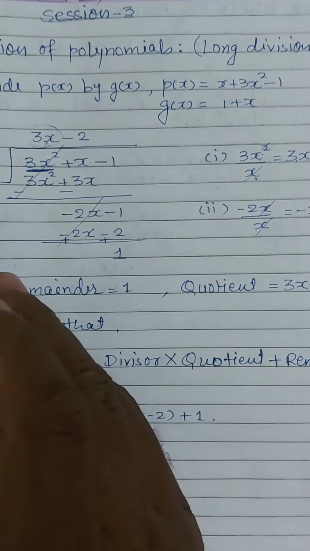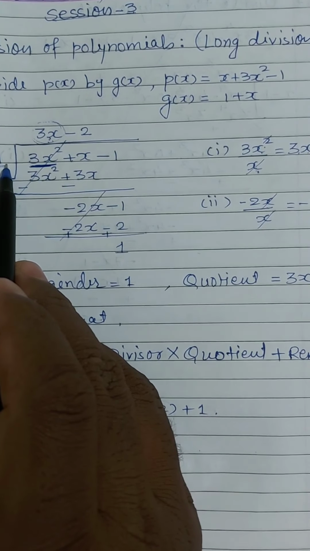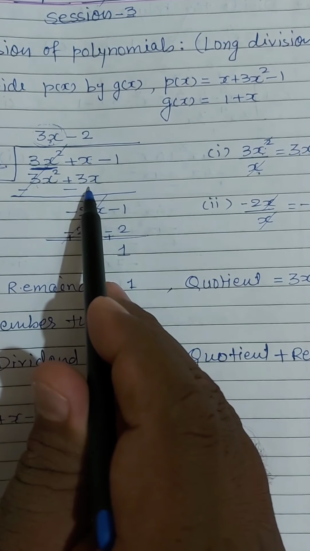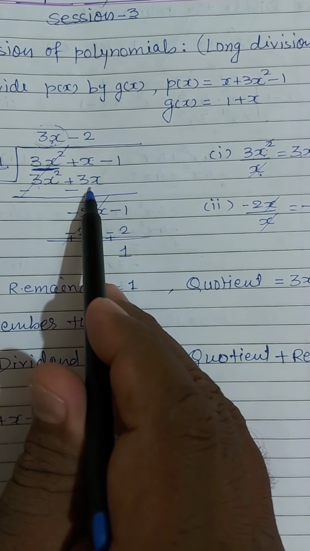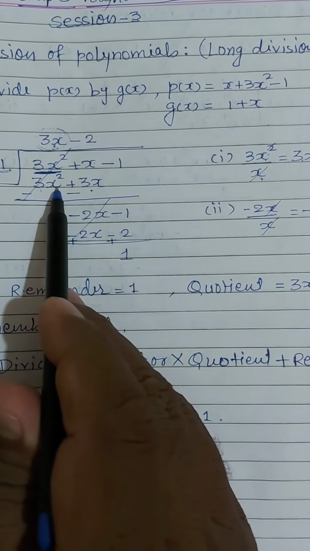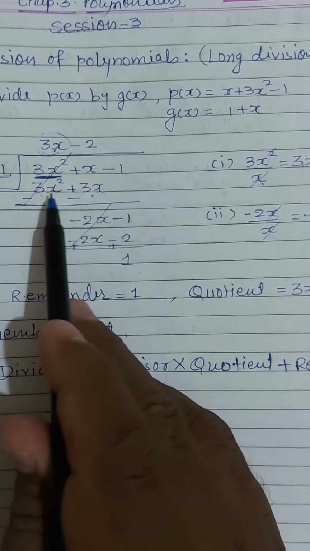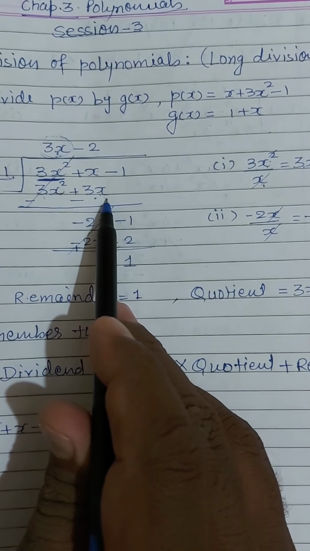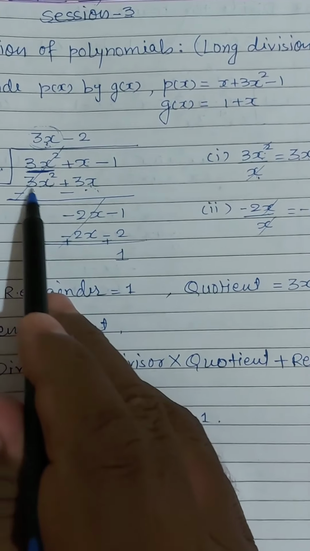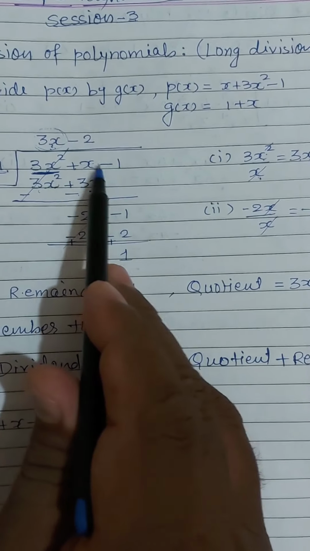Now 3x gets multiplied by the divisor polynomial, and whatever terms we obtain, we have to put below this polynomial, term by term. So the first term is 3x into x, that is 3x square, plus 3x into 1, which is 3x. Now we have to subtract the terms because it is division, so we follow the procedure of division: whatever terms we are writing here, we subtract from the above one.